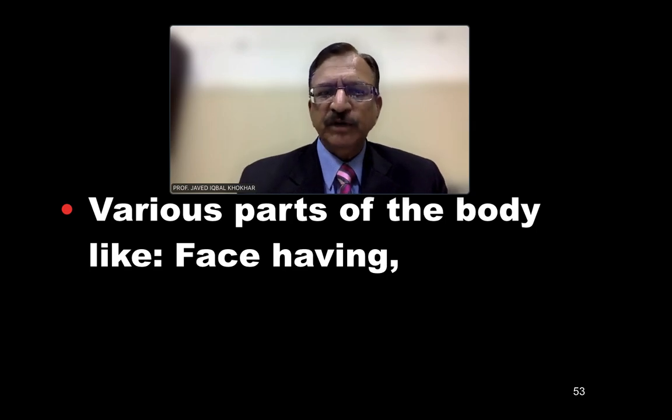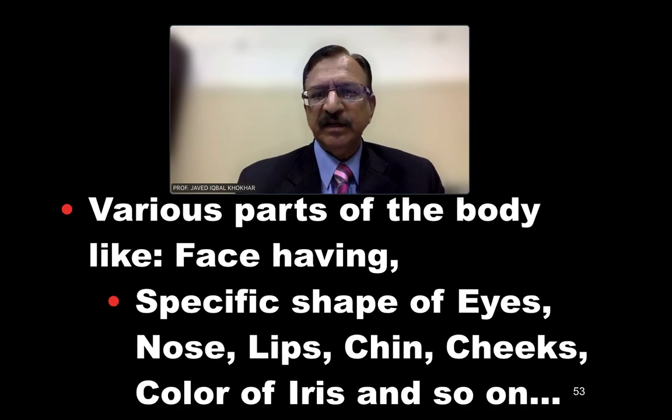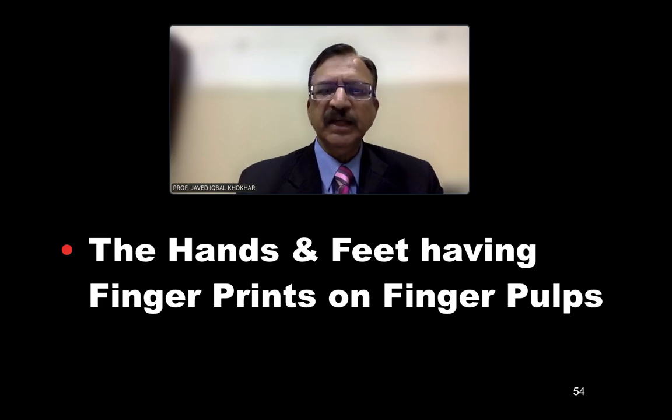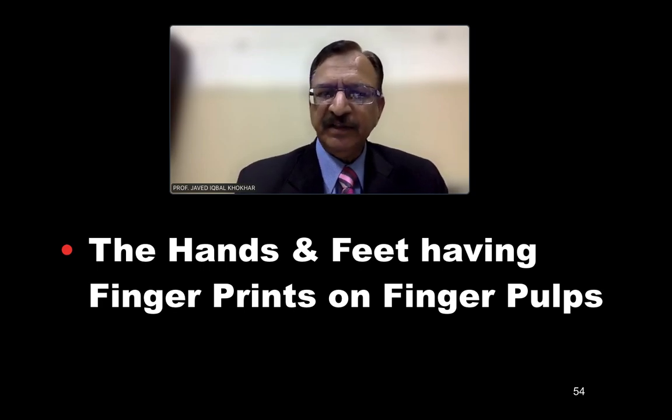So various body parts like the face have a specific shape of eyes, nose, lips, chin, cheeks, color of the iris, and so on. So there is a long list of parameters which can be gathered from the person in front of you. The hands and feet have fingerprints on the finger pulp, and they can be gathered.